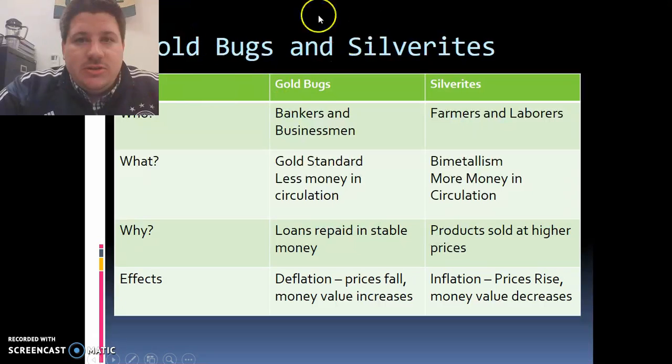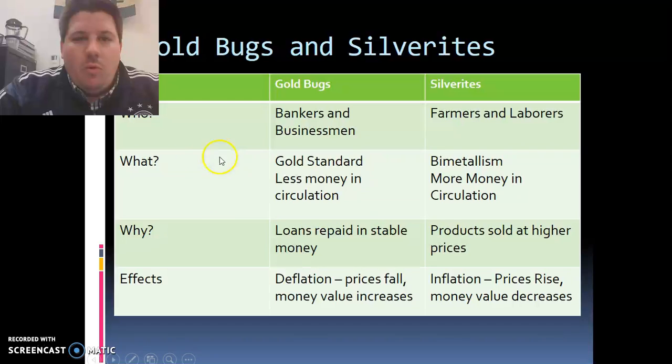Anyways, in relation to the sides and the whole gold bugs versus silverites issue, this is just a basic breakdown. People who supported the gold standard were typically bankers and businessmen, while the silverites were farmers and laborers. The gold bugs supported a gold standard, less money in circulation, while the silverites favored bimetallism, more money in circulation to create inflation.